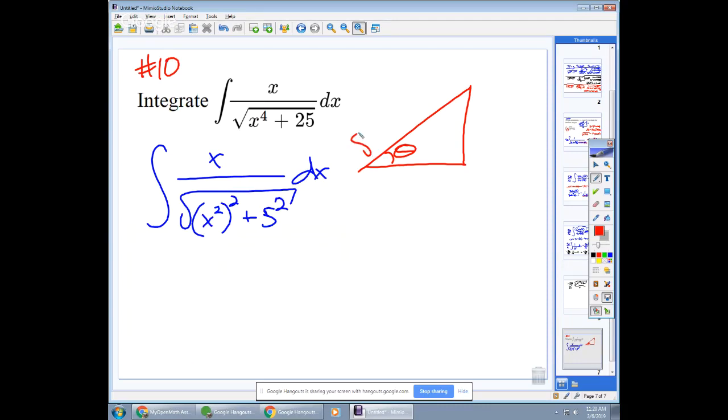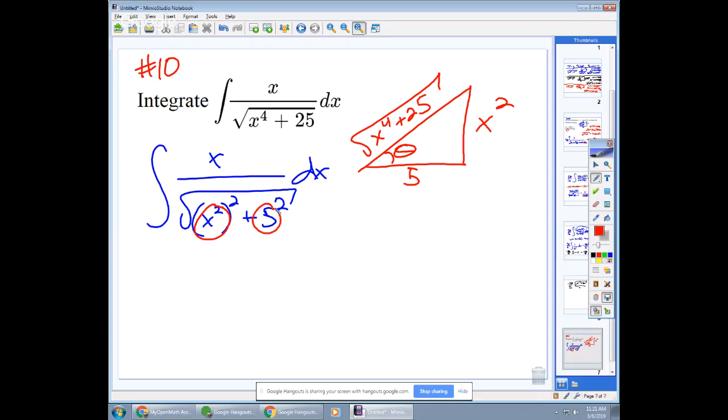So over here, I get the square root of x to the 4th plus 25. And then we don't want to put the x on the adjacent side. So on the opposite side, it turns out it's an x squared, not an x, right? It's the thing being squared. And then down here goes the 5. No, it's actually the side length. So it's the thing that is being squared.